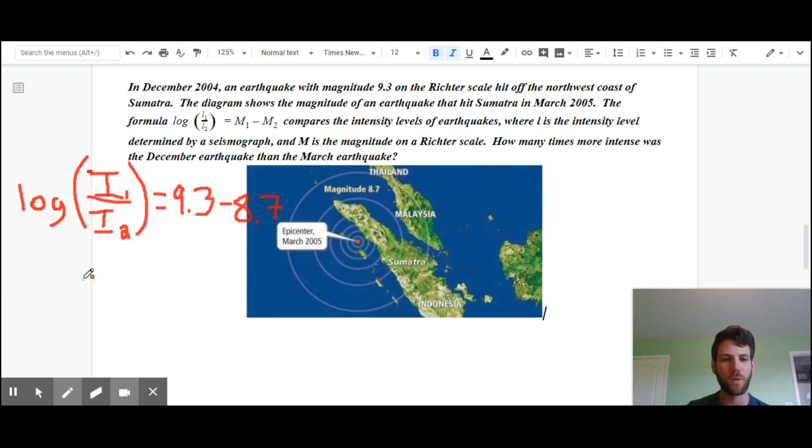From there, we know that we have to put in our 10 because this is a common logarithm. So our action here is that we're going to be subtracting these two numbers, and then using 10 to that difference is going to be equal to this fraction. So let's do that now.